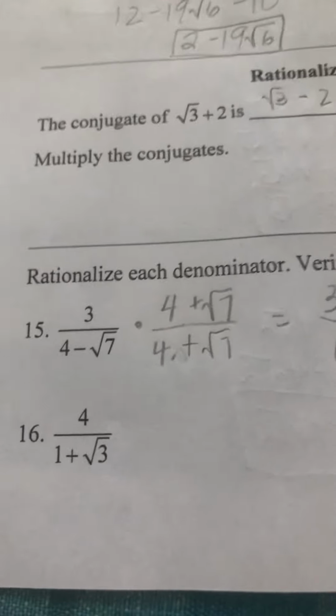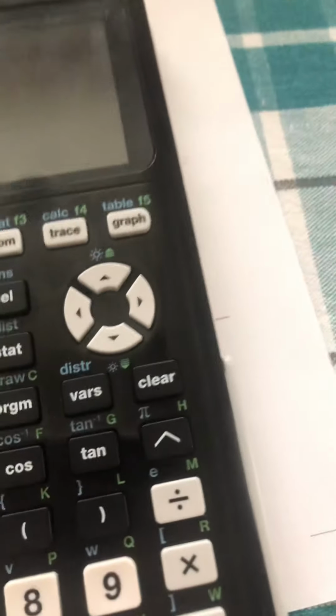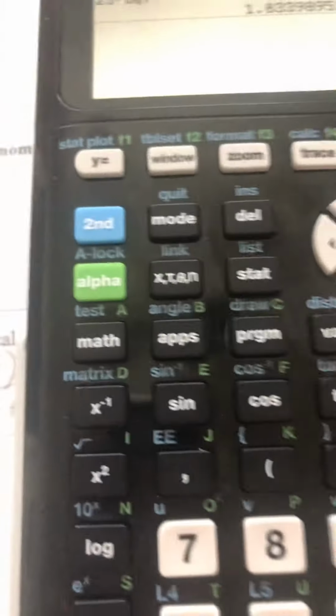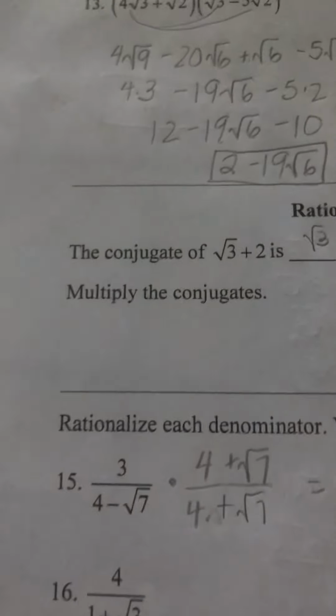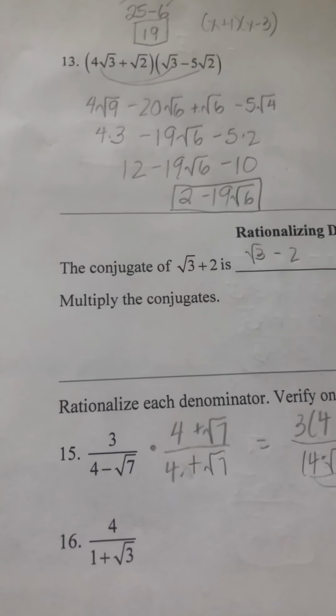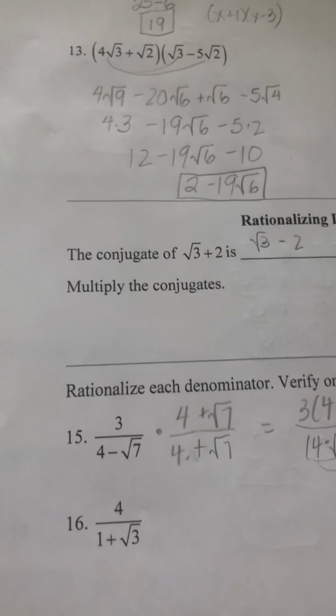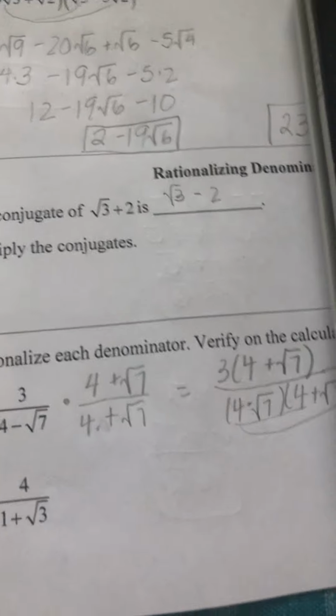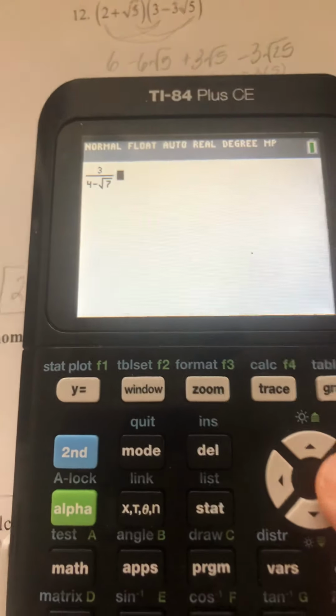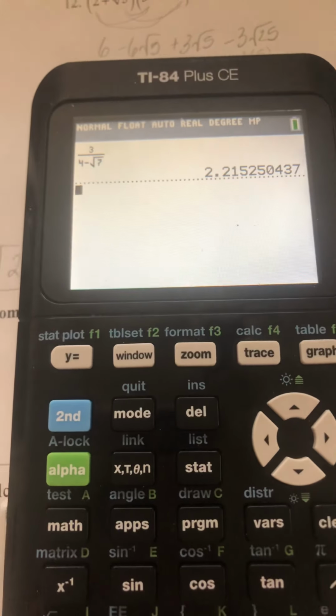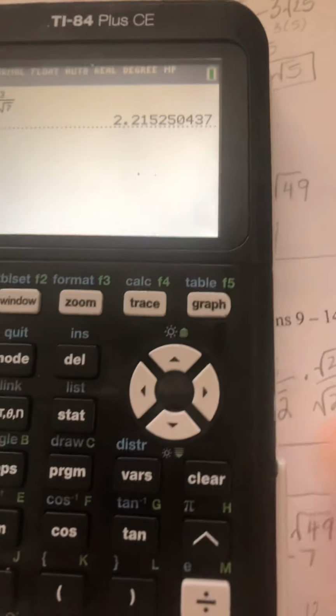So should we verify it on the calculator? Sure. Okay, let's do the stackable fraction. So original problem. So there's your original problem. I used the stackable fraction. So what answer did we get?